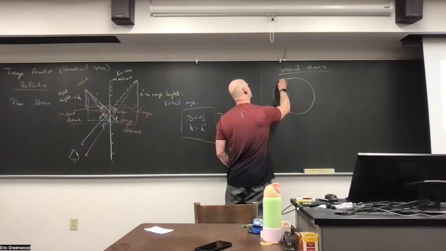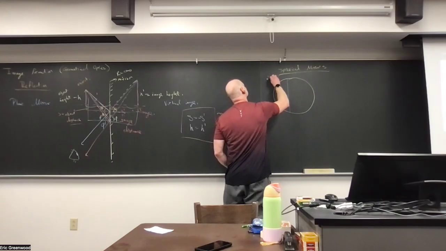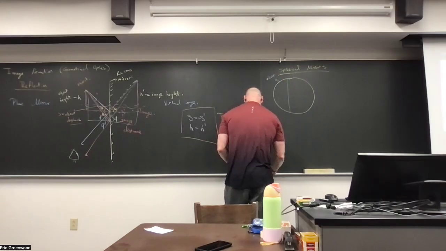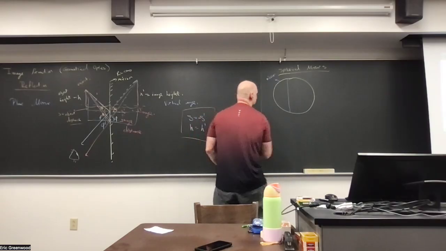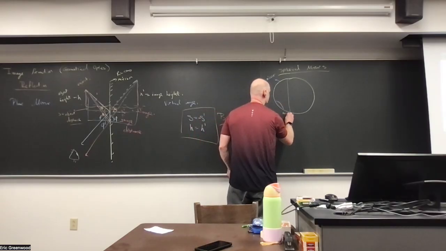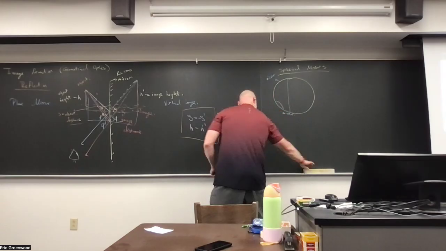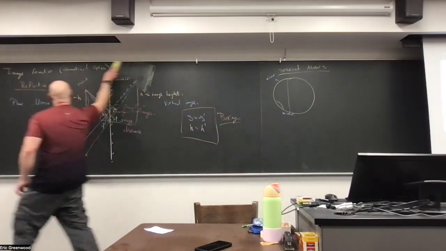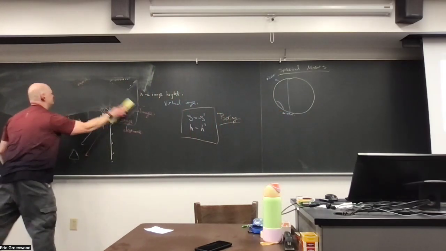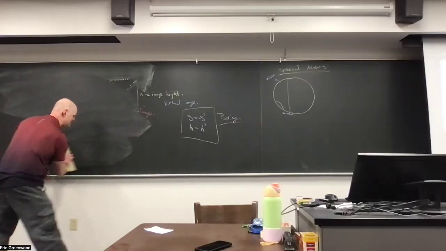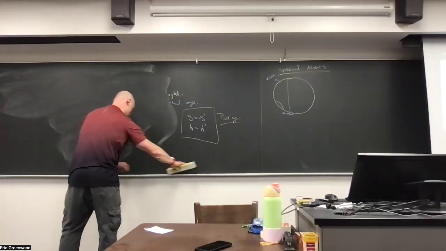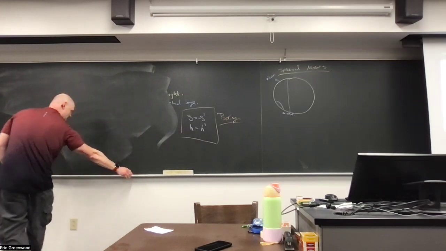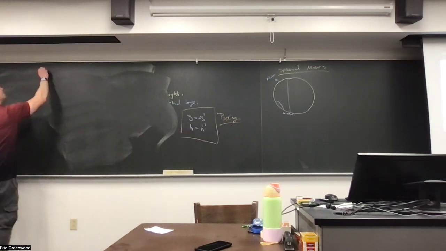We're either going to have a mirror on the outside, or we're going to have a mirror on the inside. It could be that the inside portion is mirrored. So let me redraw these over here. I'm either going to have one mirror where the inside portion is mirrored.